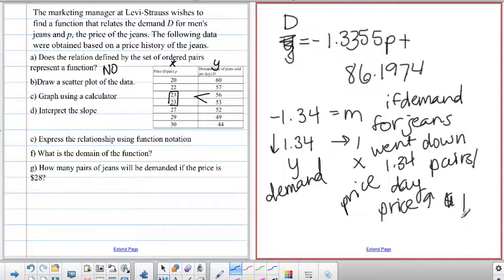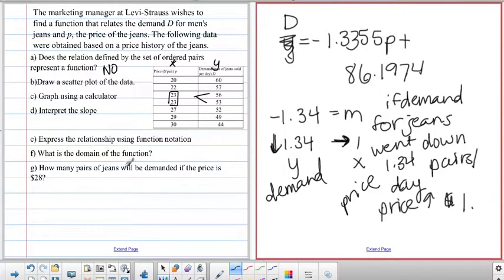When we think about the slope, that makes sense, because if the price goes up, then the demand goes down. When we go forward by $1, we're increasing by $1, and then the demand goes down. So for every 1.34 pants that are sold less per day, the price is going up by $1. You can also say it the other way: for every time the price goes up by $1, the demand goes down by 1.34 pants per day.